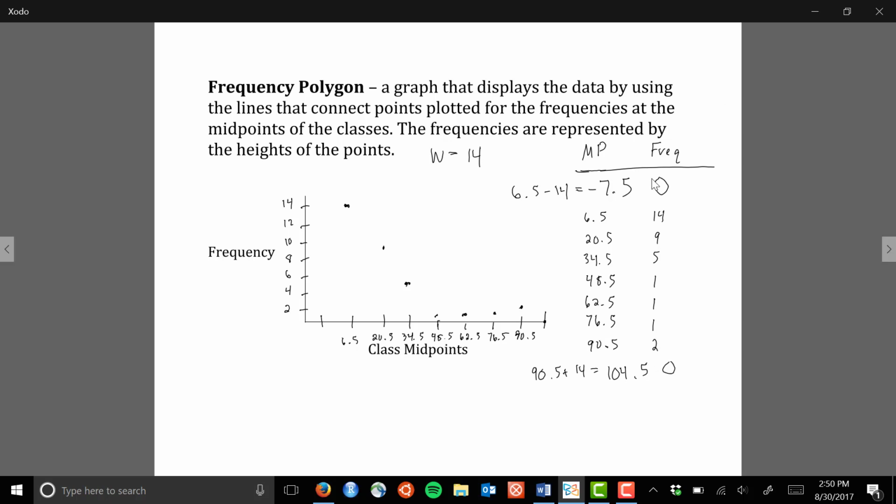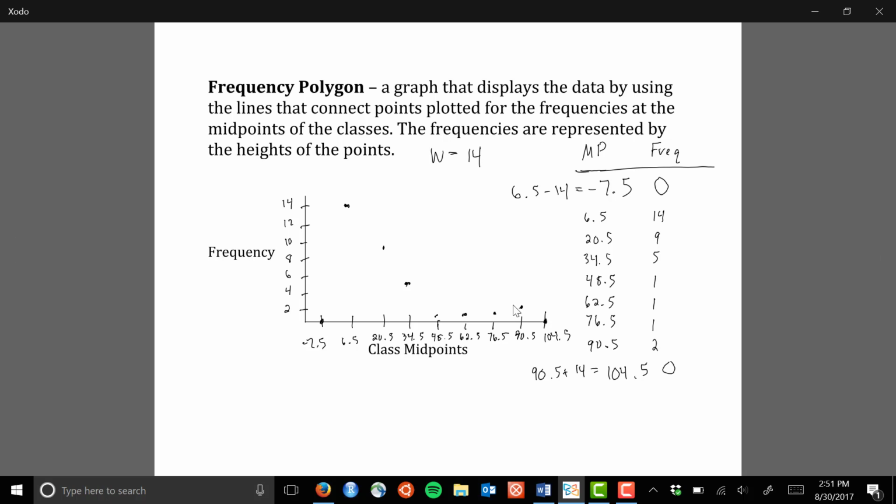Now that I've added a midpoint before the first actual class and a midpoint after the last actual class, I'm going to place dots that correspond to a midpoint of negative 7.5 and 0, and a midpoint of 104.5 and 0. You can see I've already put the tick marks on my x-axis, so I'll notate that here. This is negative 7.5, this is 104.5, and the frequency for each one of those midpoints is 0.